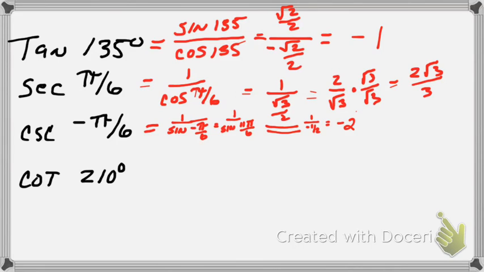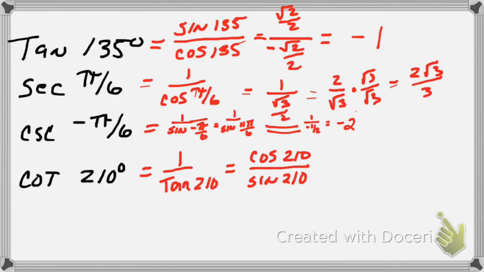You try this one. I want you to find the cotangent of 210. Cotangent of 210 is the flip of the tangent of 210. The tangent of 210 is sine over cosine. So if I flip sine over cosine, that's cosine over sine. So cotangent is cosine over sine.